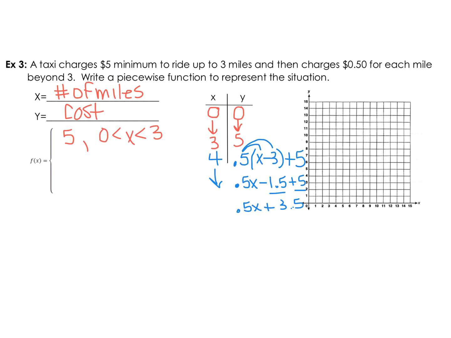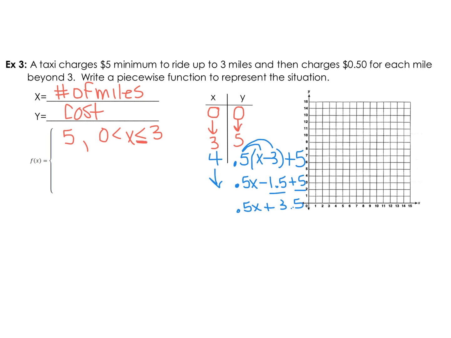Because we've got to put lines under the less than if so. Well, remember, at 0 miles, you're not getting charged anything, so you don't want to put a line under the 0. But on the 3, it says up to 3 miles. So at 3 miles, you're still just getting charged that $5. So you do want to put a less than or equal to on the 3.